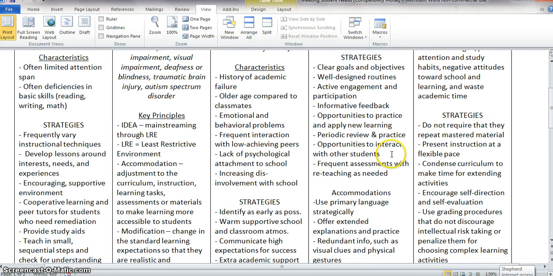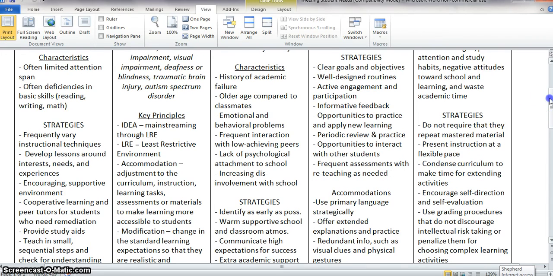Allowing them to interact with other students so that they get practice, they can build some relationships, possibly have some relationships with people that they can get help and assistance from. And then frequent assessments that you actually use to reteach when needed. So you are monitoring their progress and keeping careful tabs on how they are doing.